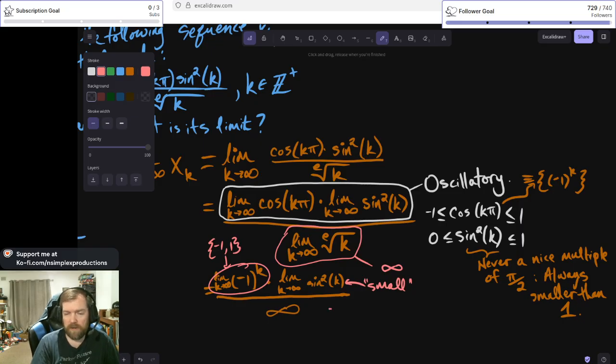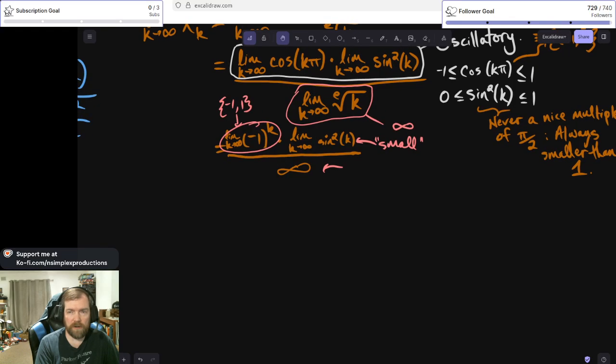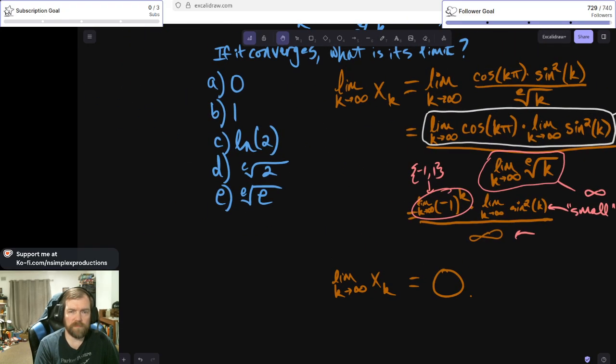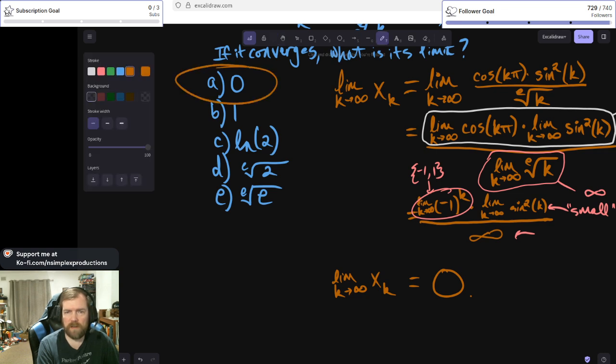The denominator is going to infinity, so that's a huge number in the denominator of this particular limit, which is going to make the limit as k goes to infinity of x sub k equal to 0. And that's our A.